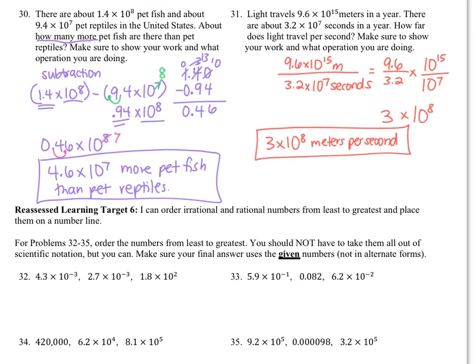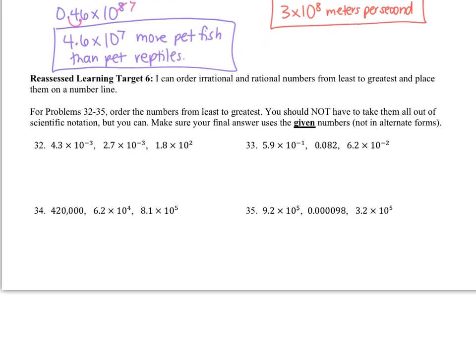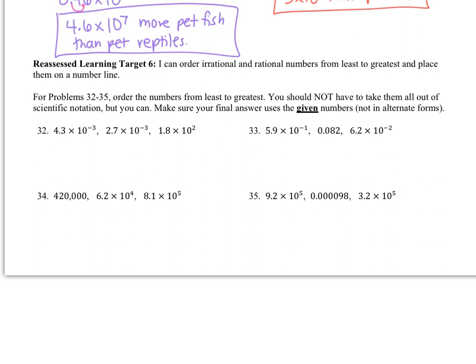All right, the last part here is actually a reassessment learning target. So this is learning target 6 you're going to be reassessed on, which is ordering irrational and rational numbers. Now, these numbers are all rational, but they are in scientific notation or standard notation. So your final answer, remember, has to have the given numbers.